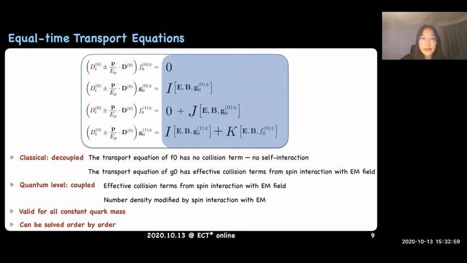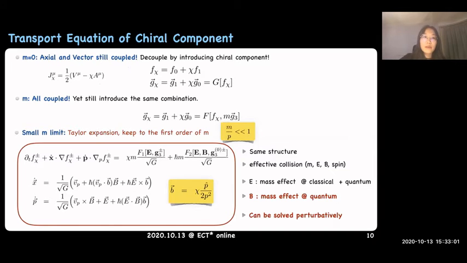And now, since the system is massive, all the components are coupled together, yet we can still introduce the same chiral component as in the massless system and compare between the two.